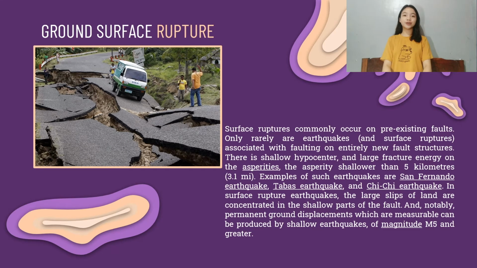Examples of such earthquakes are the San Fernando earthquake, the Tabas earthquake in Iran, and the Chichi earthquake in Taiwan. In surface rupture earthquakes, the large slips of land are concentrated in the shallow parts of the fault, and notably, permanent ground displacements which are measurable can be produced by shallow earthquakes of magnitude 5 or greater.